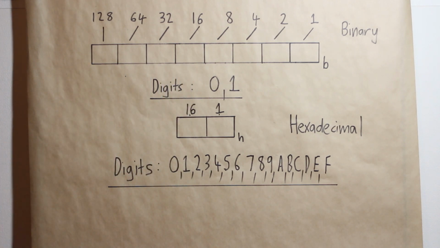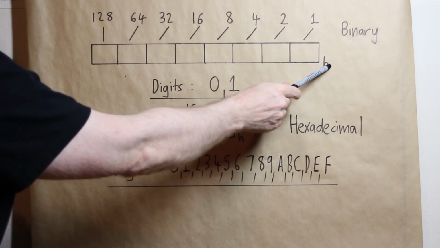And we'll talk about exactly what that correspondence is in a moment. Now you might wonder, how do we represent that we're writing in the binary number system as opposed to, say, decimal or in the hexadecimal system? Now in books, this is usually done with a little subscript.